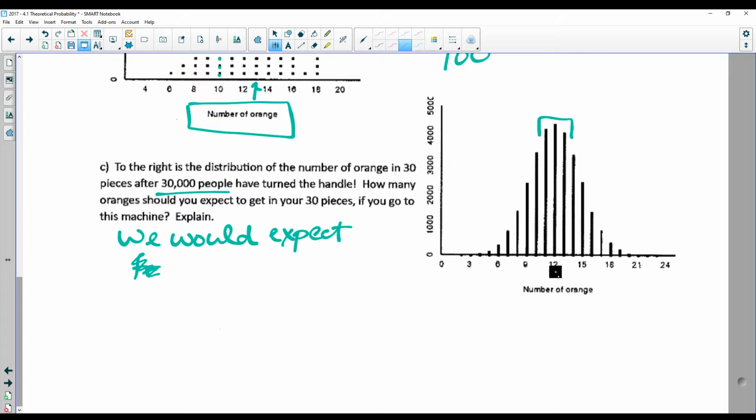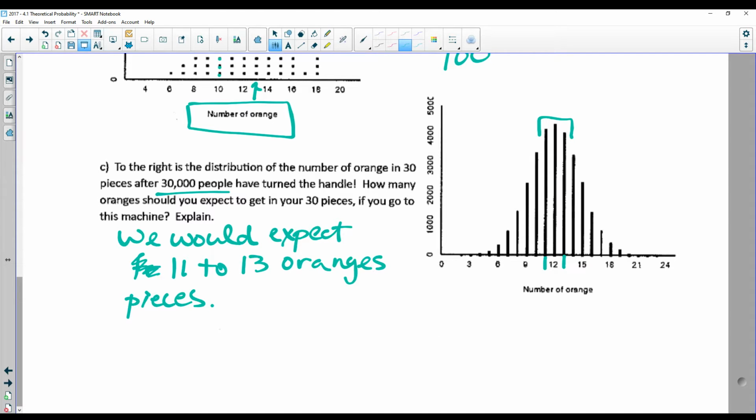11 to 13 orange pieces. That is the most typical result, and that's what we would probably predict most likely that would happen. Now, could you end up with, let's see, the lowest here was maybe like 4.